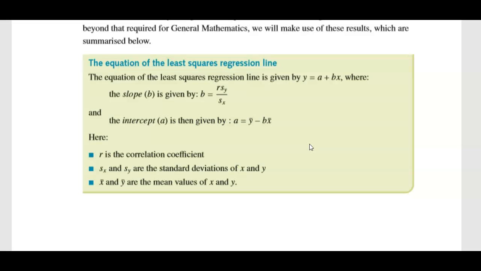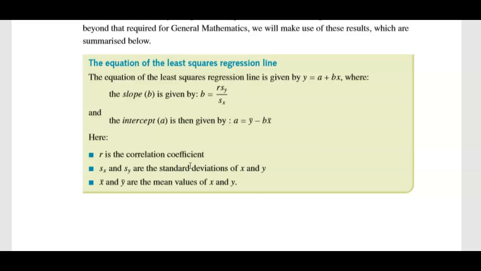So there are two ways you can get your regression equation. One way, and the most used way, is just using your calculator. The second way is using this formula, and this formula isn't that difficult. You just need to know how to use it.